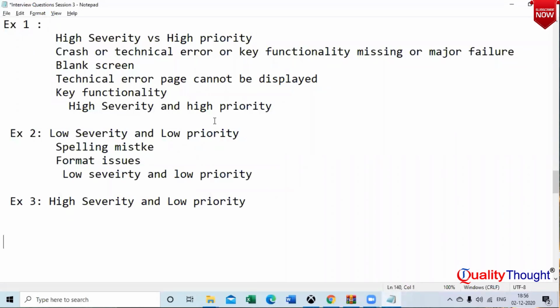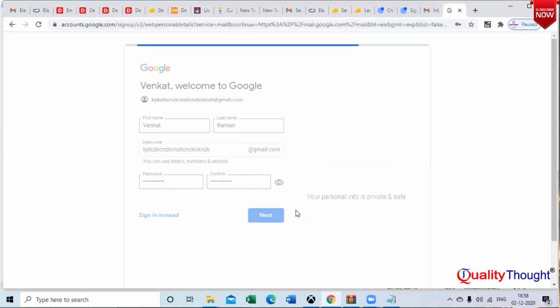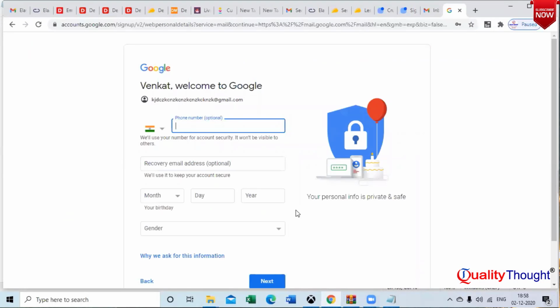Let us say you developed an application, and I can show you multiple examples. Let's say I wanted to create a Gmail account. A very simple example of high severity and low priority: if you are trying to create a new account in India, but instead of the Indian flag it showed the China flag or Pakistan flag or any other country flag.